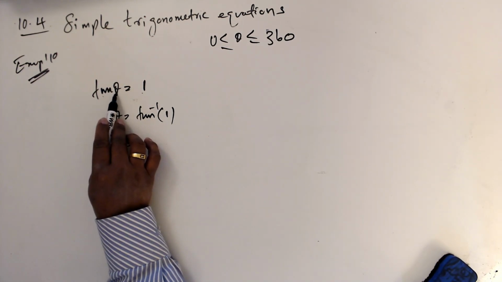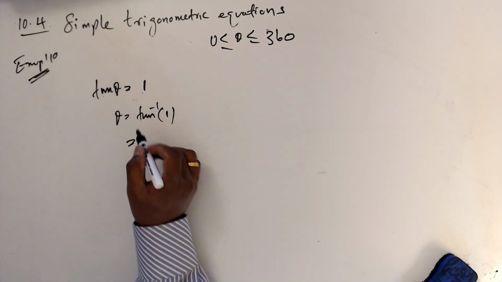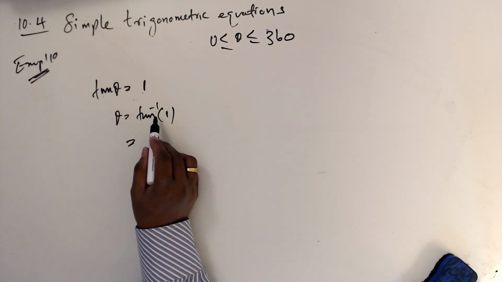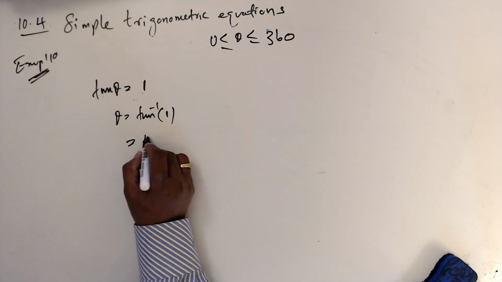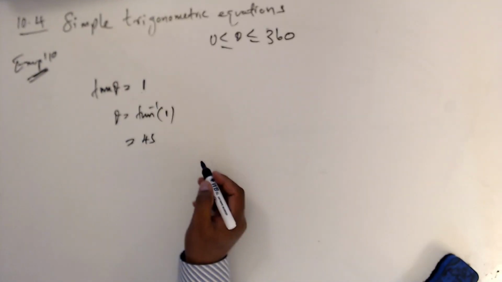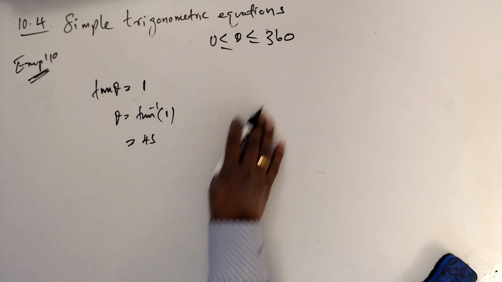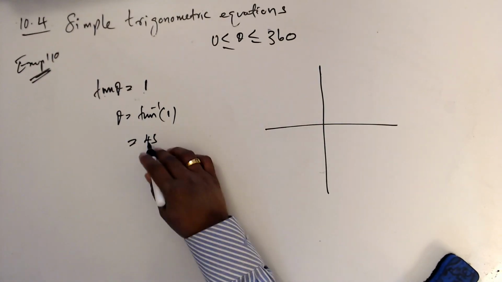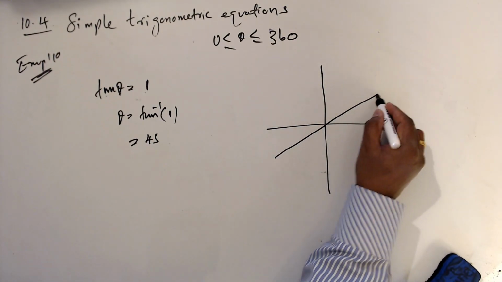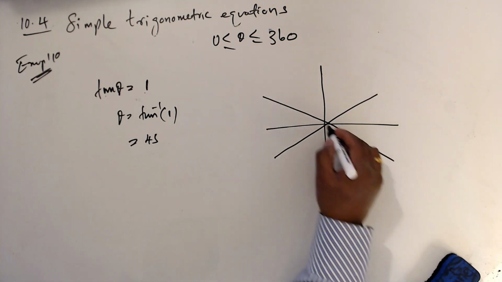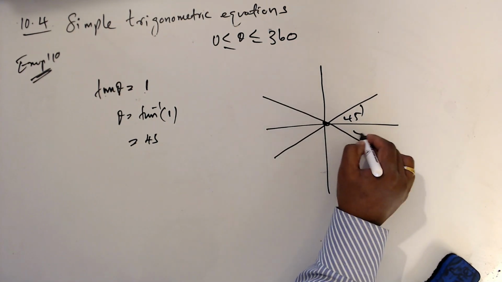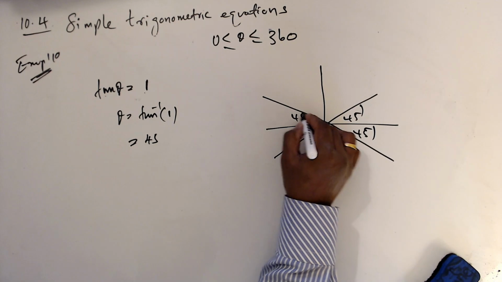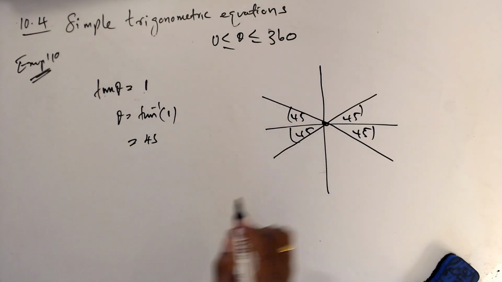I think you can remember it is 45. If you look at the calculator, shift tan inverse 1, it is 45. Right? So this is the range. Now draw this one. We'll take the magnitude 45. This is 45, 45, 45, 45.